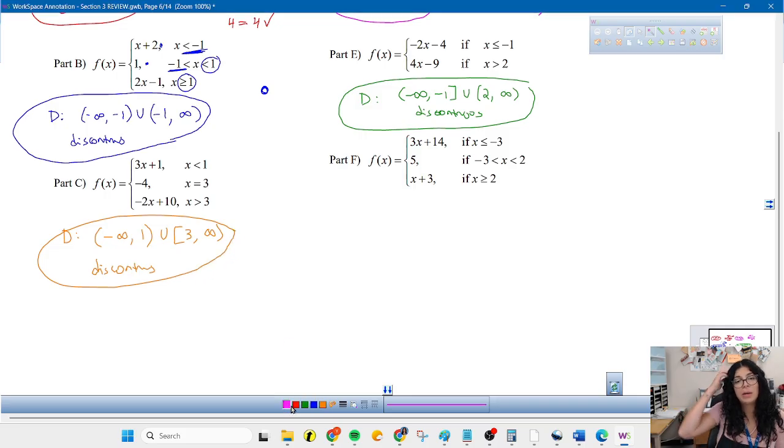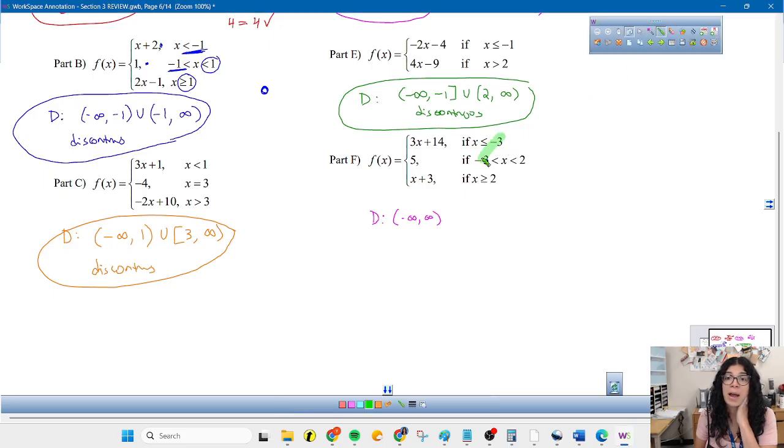All right, last one, part F. So notice on part F, we have to the left of negative 3. Then we have between negative 3 and 2. Okay, so we pick right back up after negative 3, perfect, till 2. And then the next one picks up from 2 to infinity. So this domain is negative infinity to positive infinity. So we're going to have to check, is it connected, right? And we're going to have to check at 2 places.